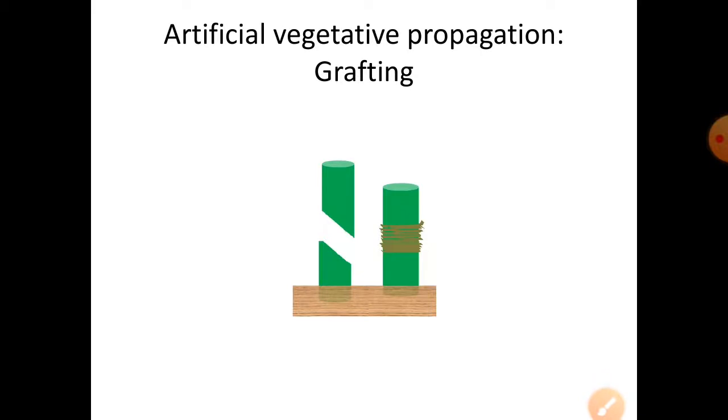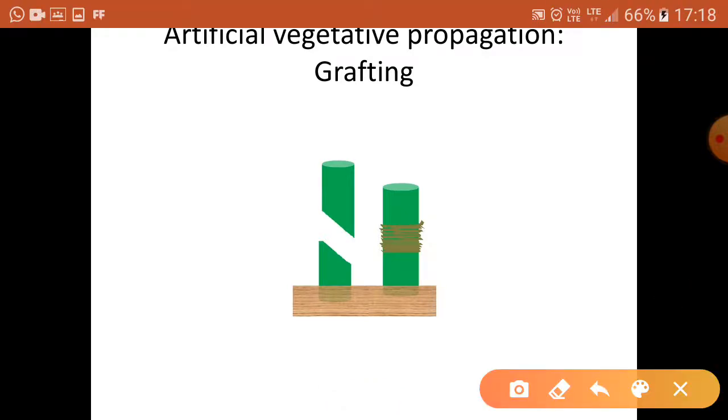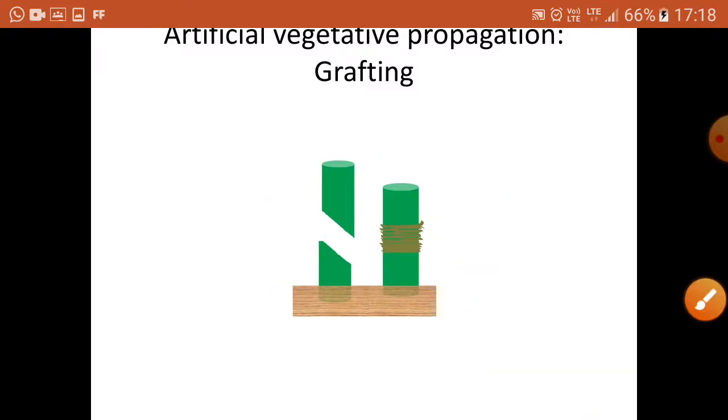The next type of artificial vegetative propagation is grafting. You can see here how in case of grafting two stems are taken and joined together. So this is called grafting.